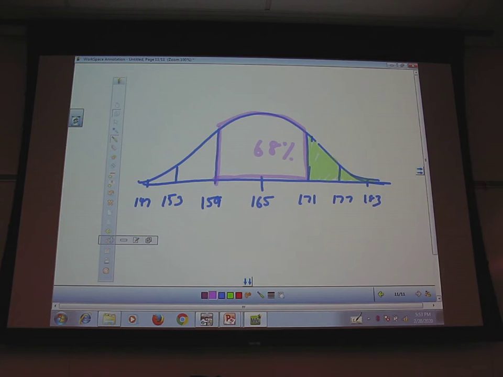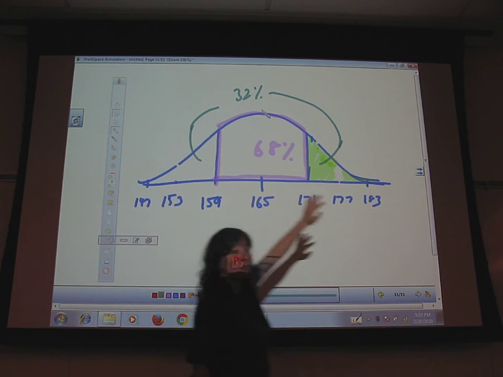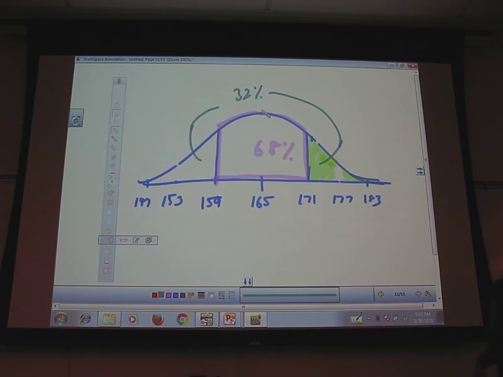So we know that this section plus this section had better add up to 32%. We also know this is symmetric, right? The left side is the same as the right side. So whatever is on the left should be the same amount on the right, which means how much should be on each side? 16%, half on each side.